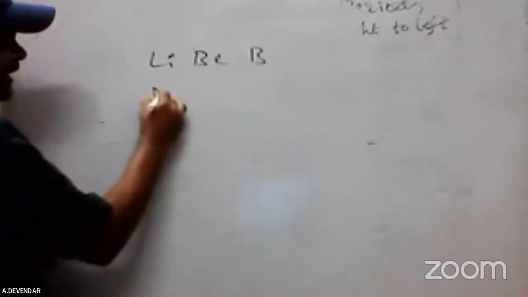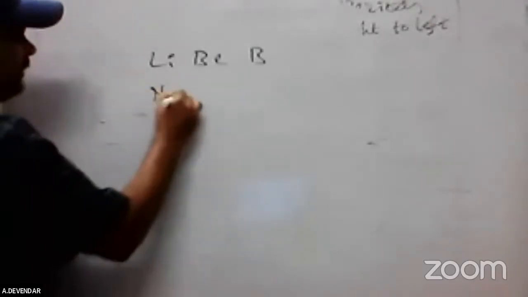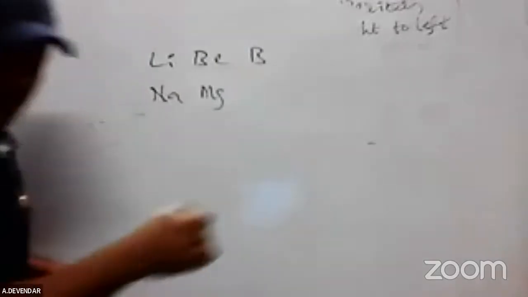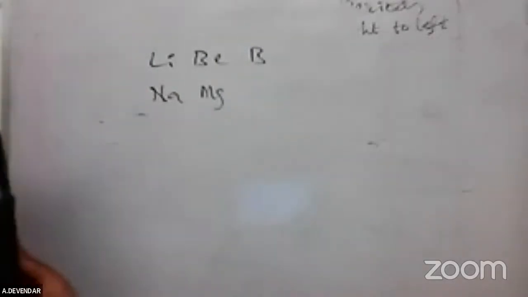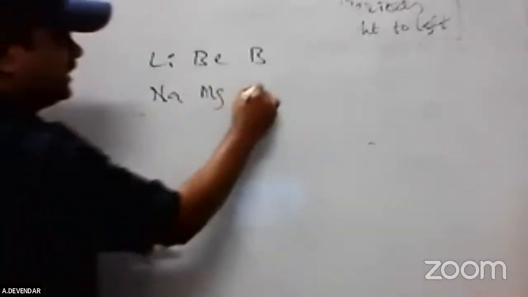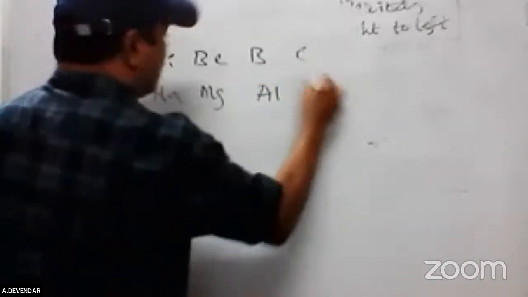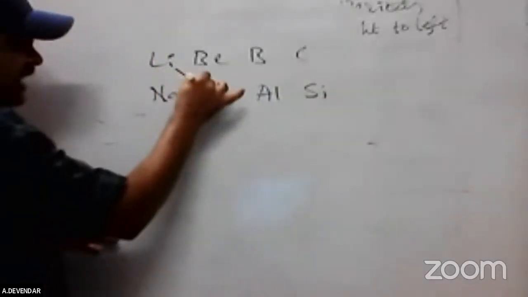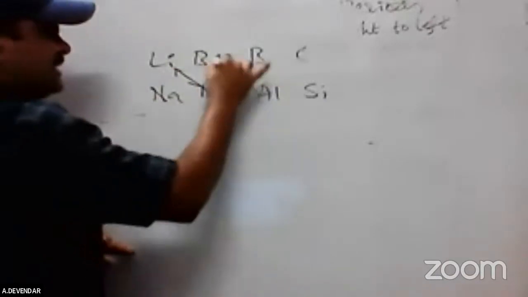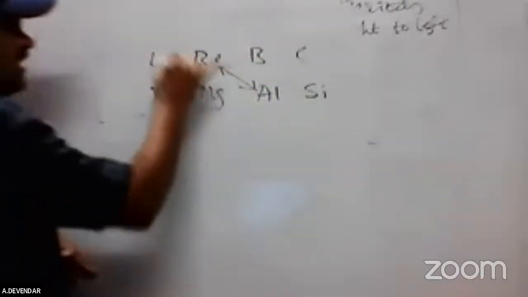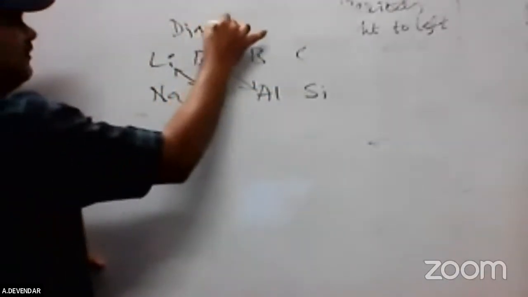Next, after lithium you have sodium, magnesium. After boron you have aluminium, carbon, silicon, like that. Lithium resembles magnesium. Beryllium resembles aluminium. This is called a diagonal relationship.